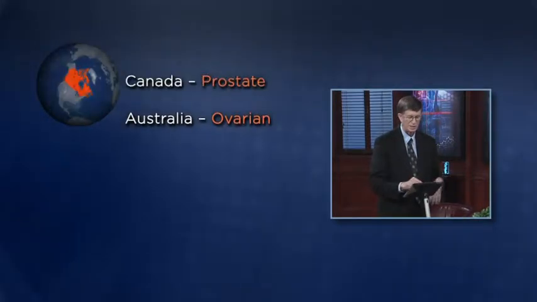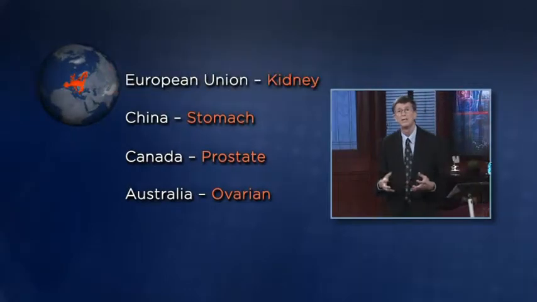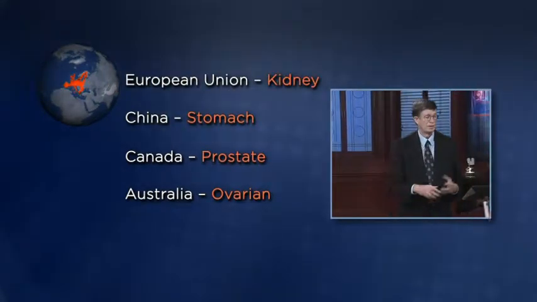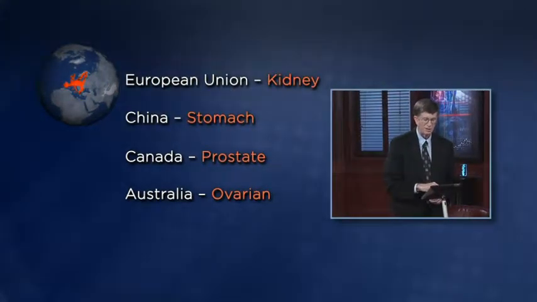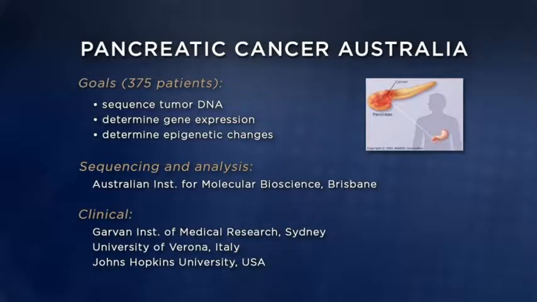For example, in this instance, Australia is going to do ovarian cancer, prostate cancer in Canada for the genome sequencing, stomach in China, European Union, kidney, etc. To give you one example, to zero in on pancreatic cancers being done in Australia, the goal is to sequence 375 patients. It's being met as we speak. Sequence the tumor DNA, determine gene expression and epigenetic changes.